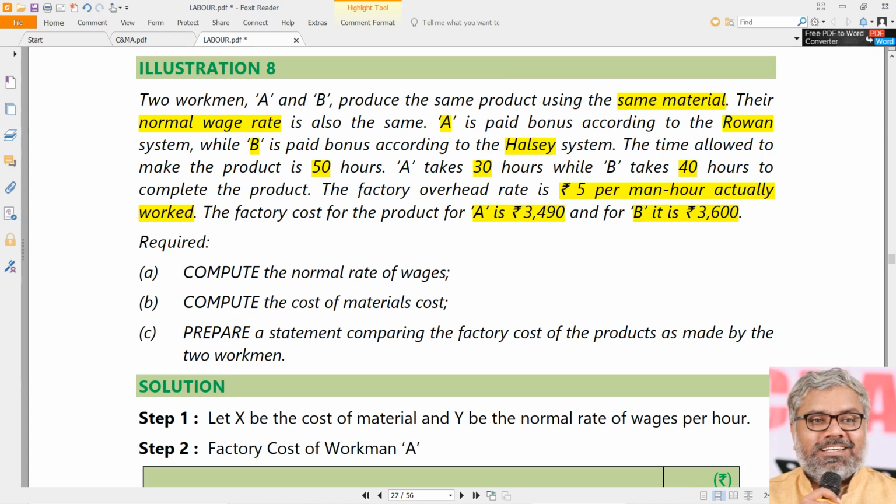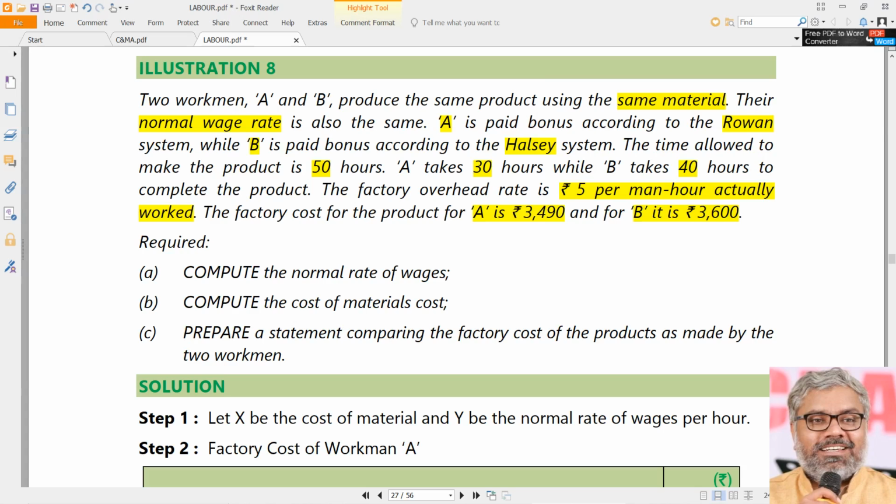In this particular case, what are all to be added in order to arrive at factory cost? Definitely materials should be added or not? Yes. Wages should be added or not? Yes. Wages once again include normal wages also plus bonus also. So whatever that wage rate is, that we don't know, but they should be added. So there should be materials plus wages plus factory overhead, that becomes factory cost.